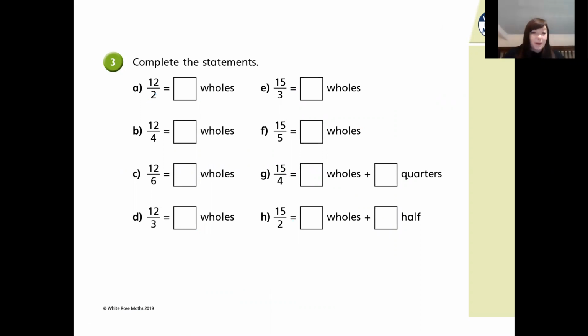So the bottom number, the denominator, is how many parts there are and how many parts are then shaded in. So this one, to get to my whole, I need 2 out of 2. So how many times am I going to get 2 out of 2 before I get to 12 out of 2? Okay, so I'm going to draw that.